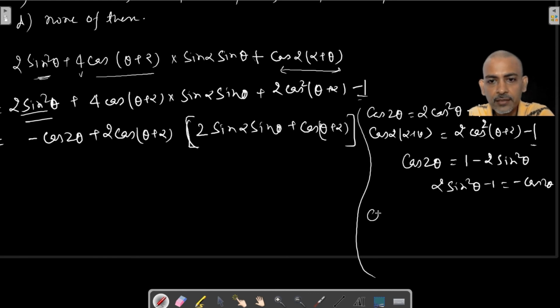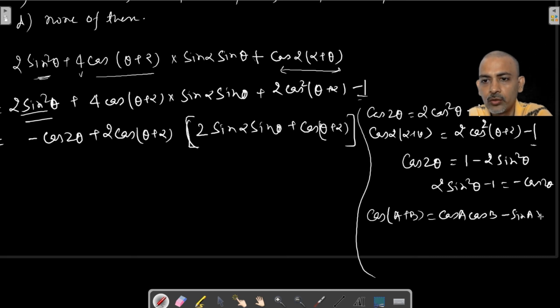So we know that cos a plus b is nothing but cos a into cos b minus sin a into sin b, and we also know that cos of a minus b is nothing but cos a into cos b plus sin a into sin b.